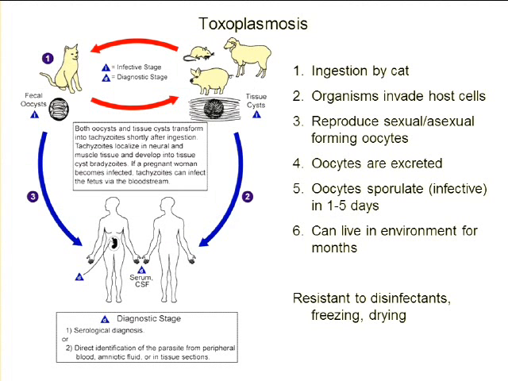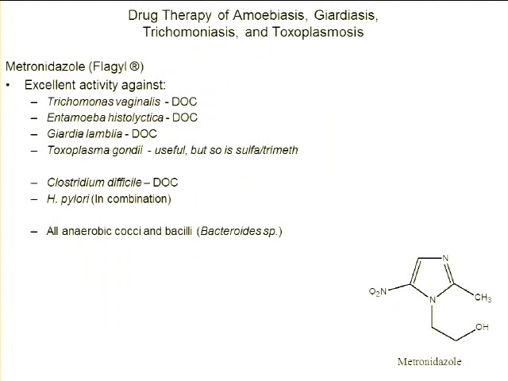All right, any questions about toxoplasmosis? All right, so let's talk about the drugs that are used to treat these 4 or 5, however many we talked about. Pretty much amoebiasis, giardiasis, trichomoniasis, toxoplasmosis are covered by metronidazole. Okay? Metronidazole is going to be the drug of choice for Trichomonas vaginalis, Entamoeba histolytica, Giardia lamblia, as well as C. diff.